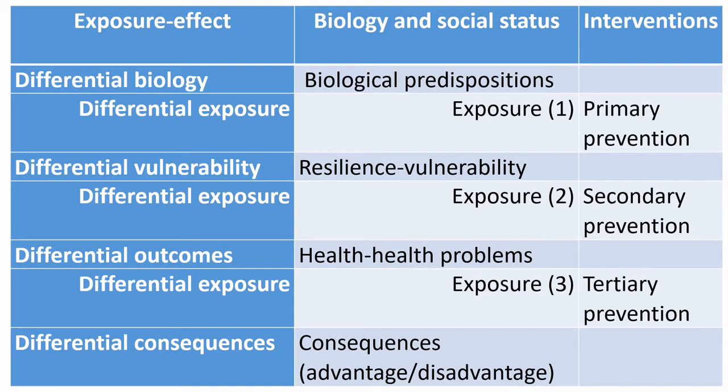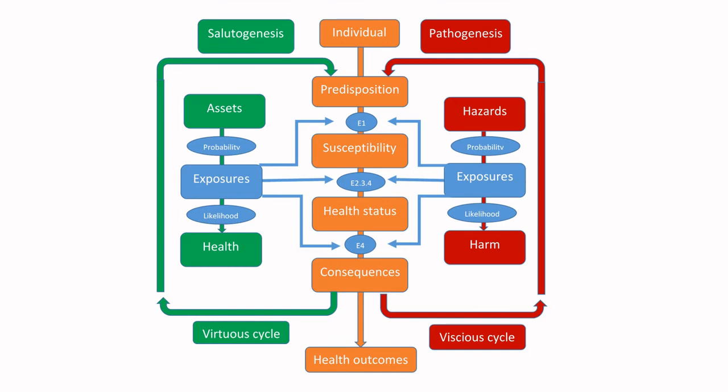The point here is that there are multiple points for prevention relating to different health factors that operate at different times across the life course pathway. For those of you with more visual brains, I've tried to take the concepts of the last table and design a diagram. In the center in blue is a life course pathway.